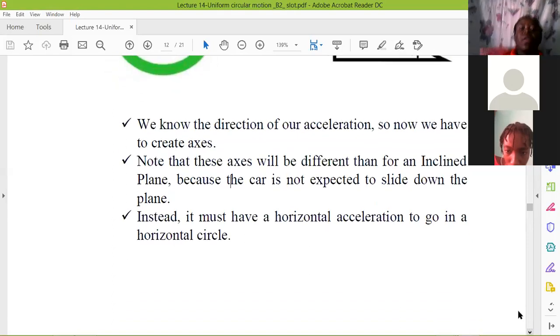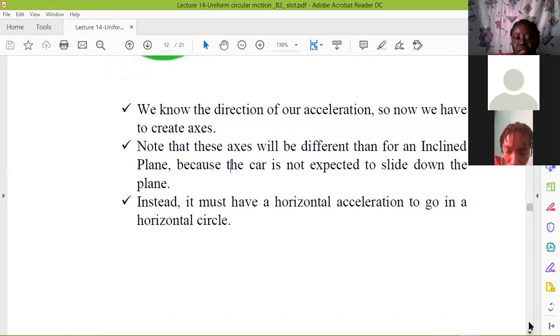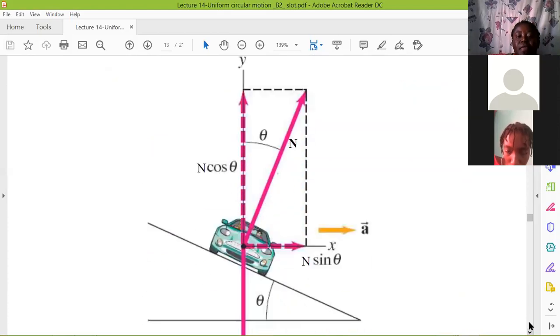So we know that the direction of that acceleration is towards the center. If we create that, then we have our x-axis, our y-axis points up and our weight points down. So our x-axis points towards the center of the circle, not on this side, because if we choose that direction, we are saying it is not toward the center but on the component.